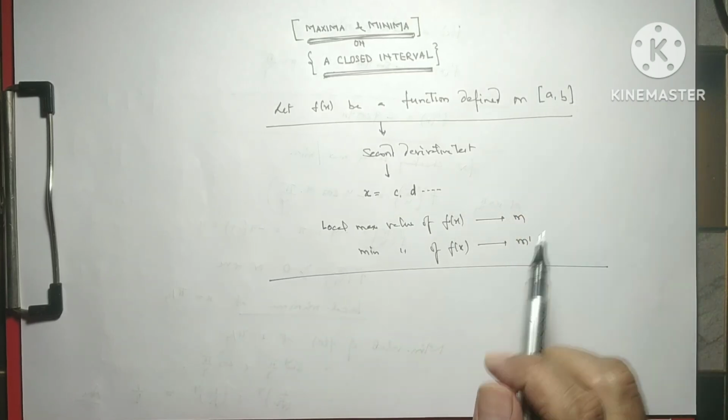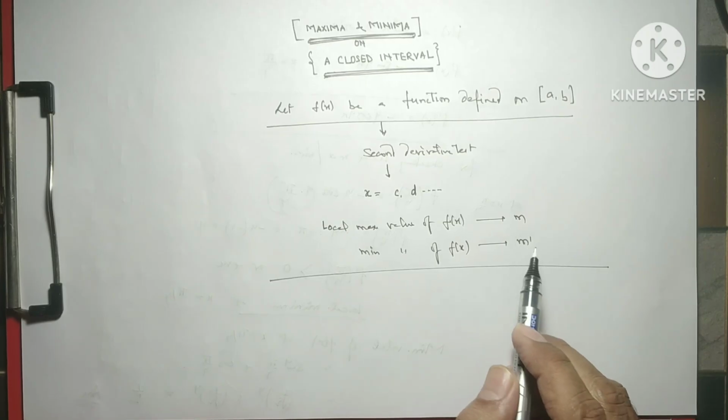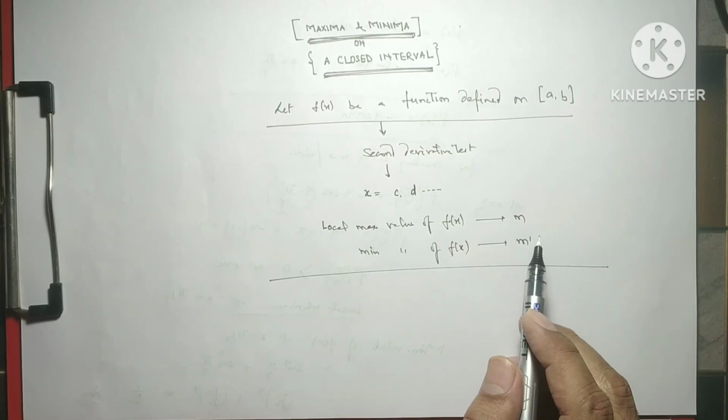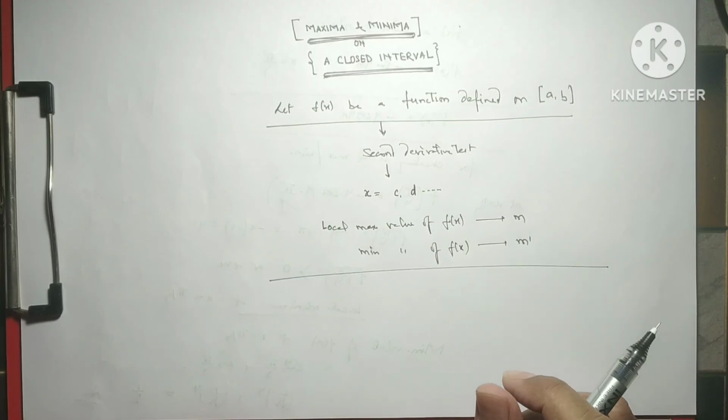So right now we have closed interval and the function and these two values, but which one will be the maximum value, greatest value, or least value?